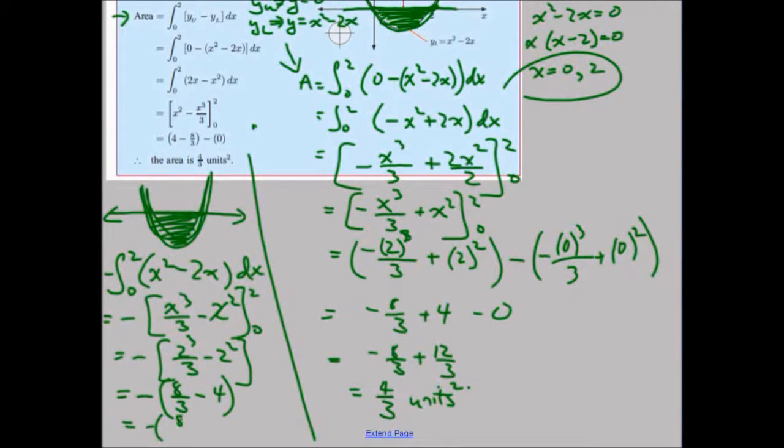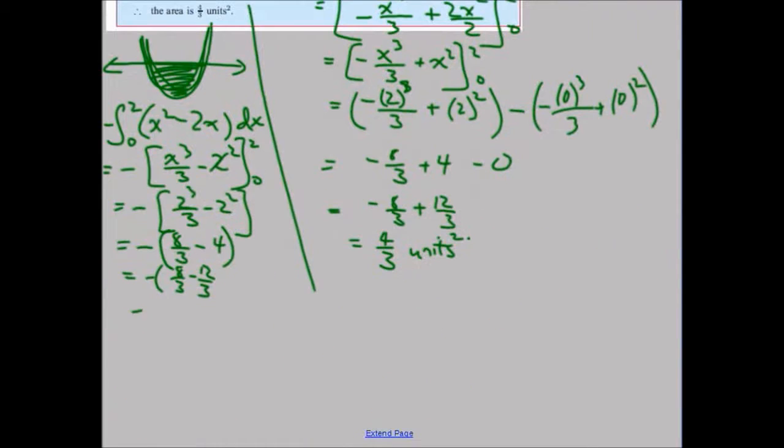Negative 8 over 3, subtract 12 over 3. And negative 4 over 3, which is positive 4 over 3. Okay, so interesting to know, we already did know how to do this one, but now we did it another way using area of two curves where one of the curves is the x-axis. Both ways work.